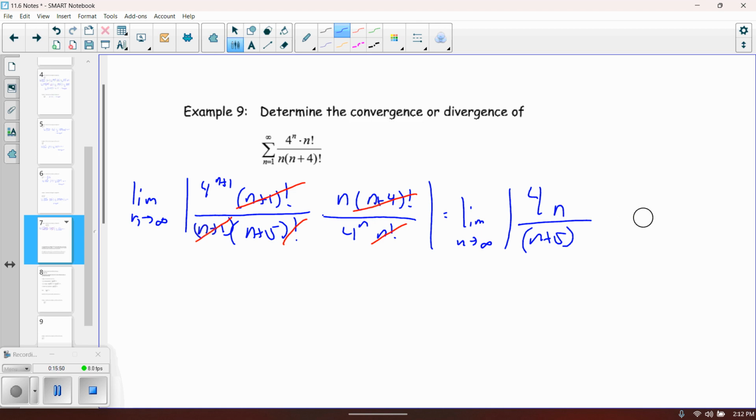So that actually simplified quite nicely. The growth rates on the numerator and denominator here are the same, which is going to end up giving us a limit of 4 over 1 or 4. 4 is definitely bigger than 1, and therefore this one is divergent.